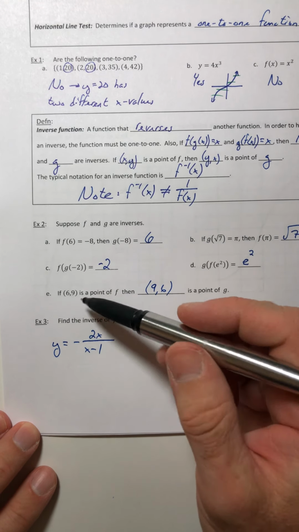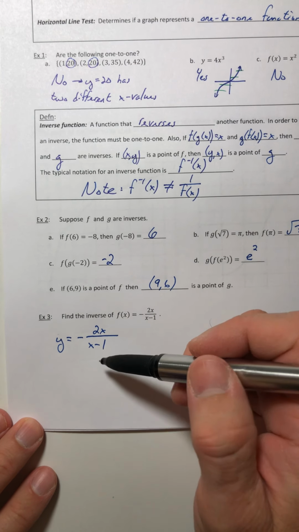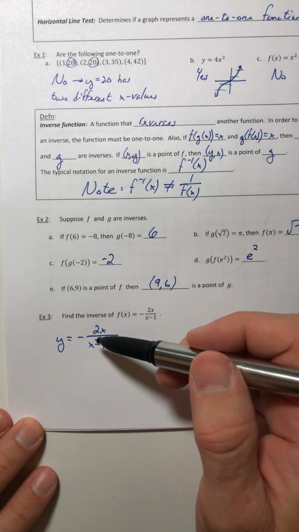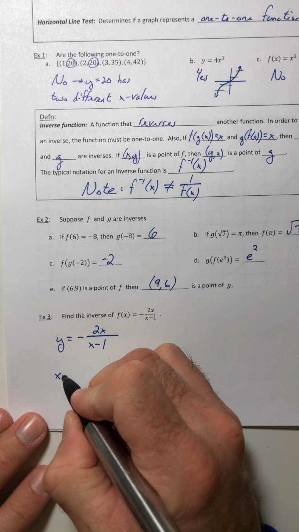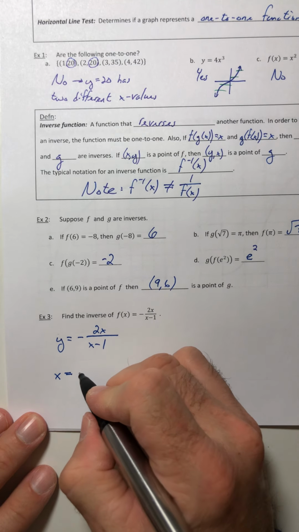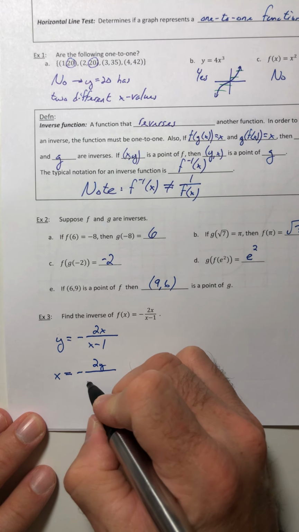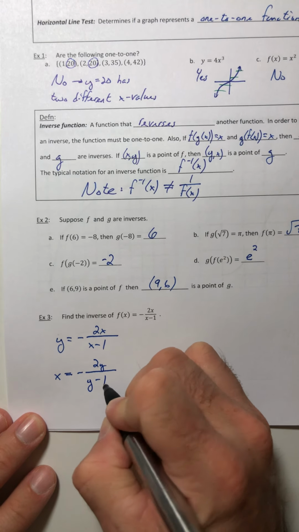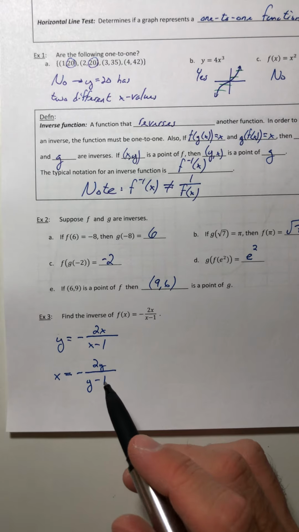The next step is you're actually going to switch places between the y's and the x's. So every y becomes an x, and every x becomes a y. You're just trading places. We haven't started to solve anything.